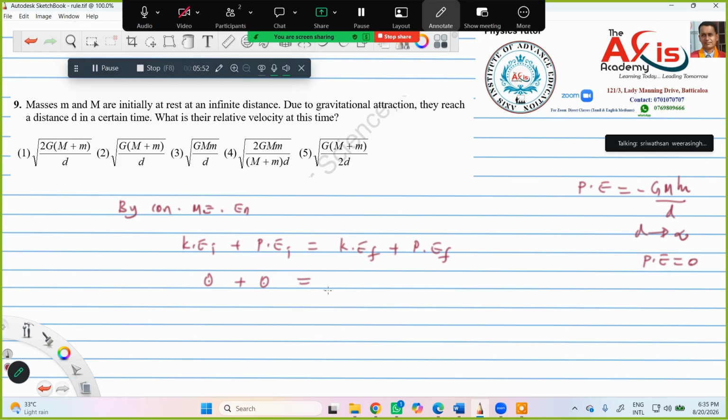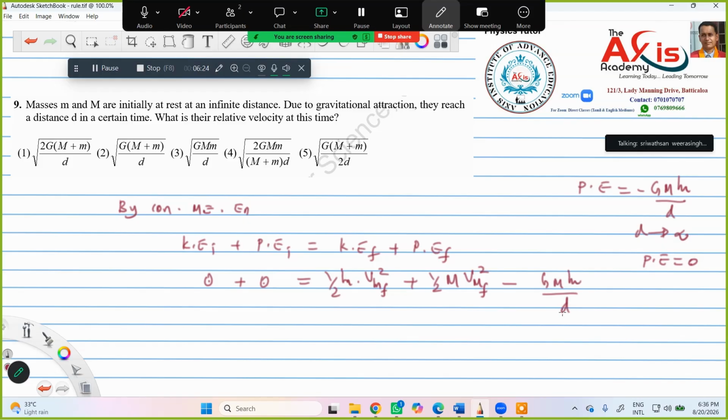So the final kinetic energy of mass small m is half into small m into V small m final whole square, plus the kinetic energy of capital M, half into capital M into V capital M final whole square, minus G capital M small m over d.